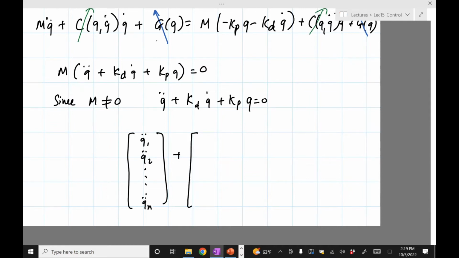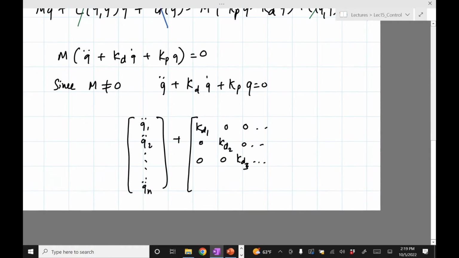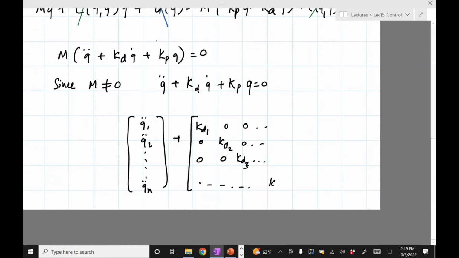We'll assume it to be KD1, 0, 0, and so on, 0, KD2, 0, keep going till KDN, times q1 dot, q2 dot, q3 dot, qn dot.